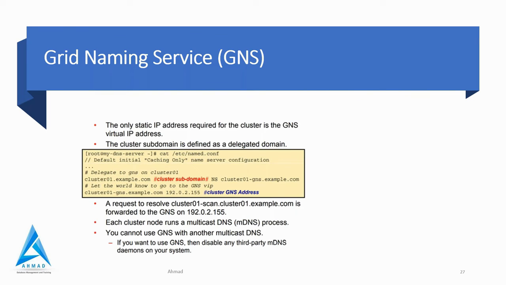With GNS, only one static IP address is required for the cluster. So in GNS, you can use one static IP for the GNS virtual IP address, and the other IPs are assigned automatically. So this address should be defined in the DNS domain.